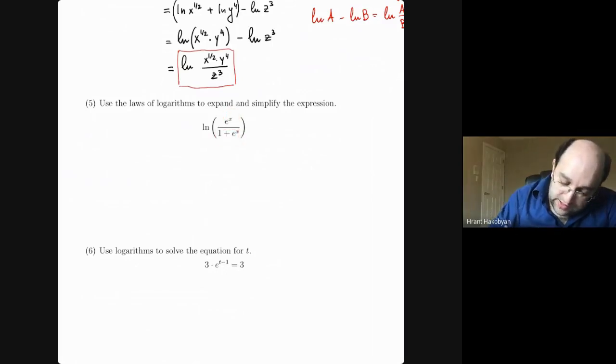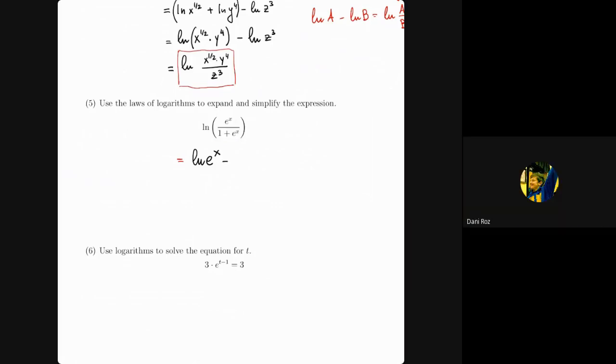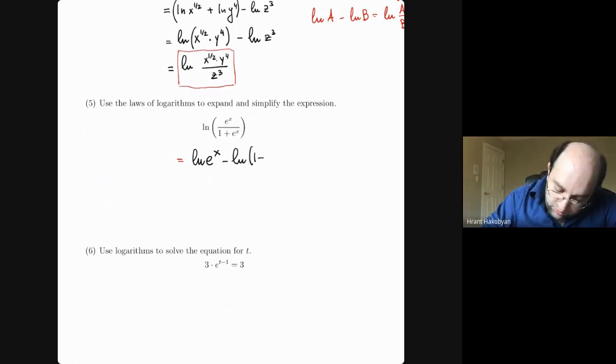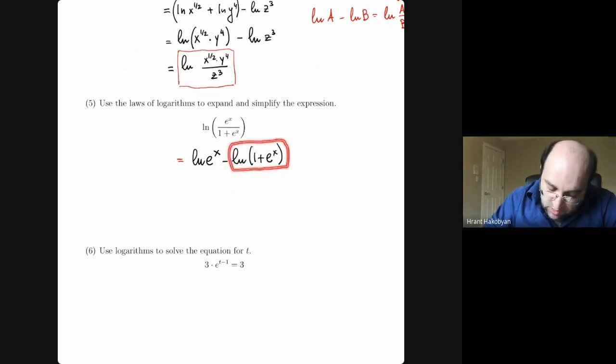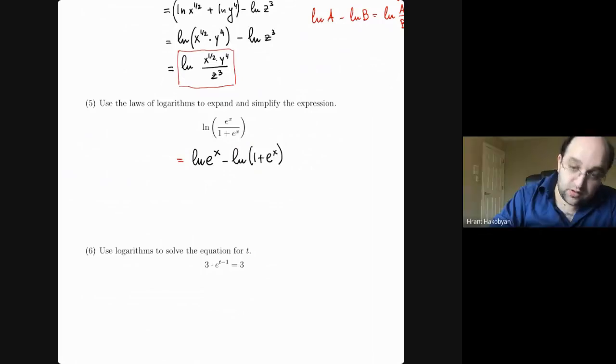So I can write this as a difference: logarithm of e to power x minus logarithm of 1 plus e to the x. This one here I can't really simplify, but this one here I can.